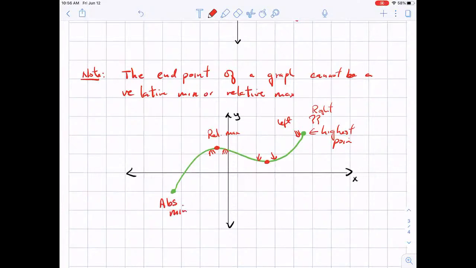And then this point here will be absolute max. Okay. So that's the difference between the two. The relative is that you have to look from the left and the right, it's relative to points surrounding it. That's very important to note.